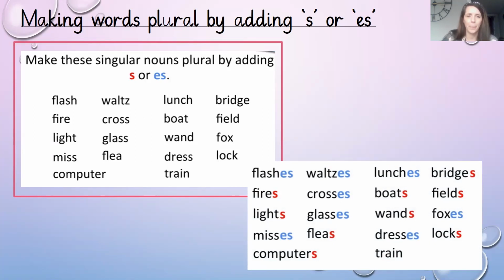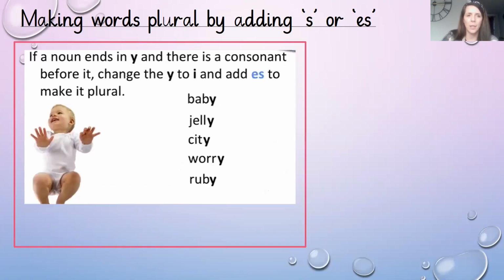Well done. Okay, there is another rule when we're adding ES. So if the word ends in a Y and there is a consonant before it, so we have vowels and we have consonants.